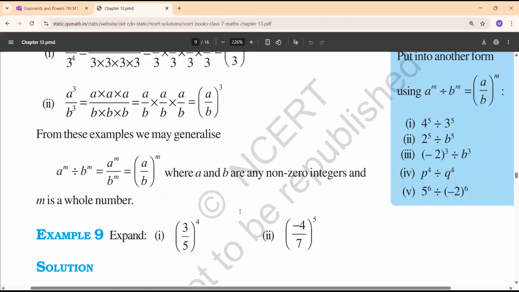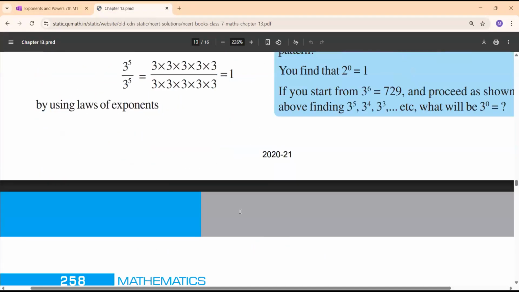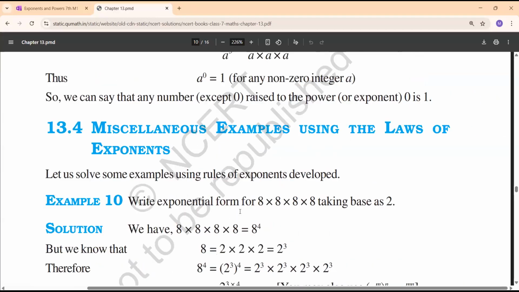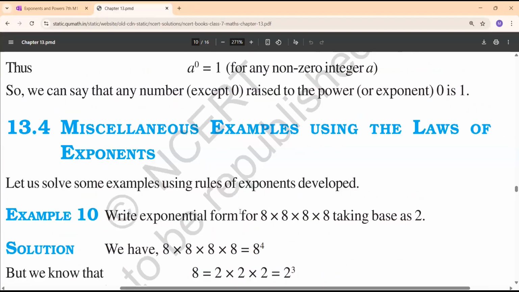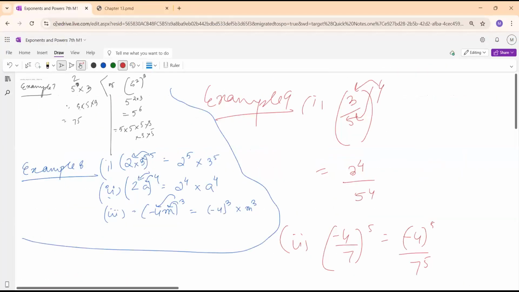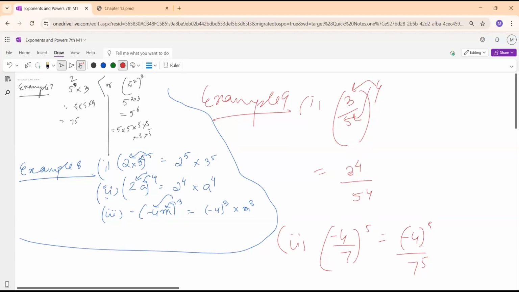Write this down. Example 10 we have. Okay, example 10 is important. Write this down, then I'll tell you. Example 10, okay? Okay, sir.